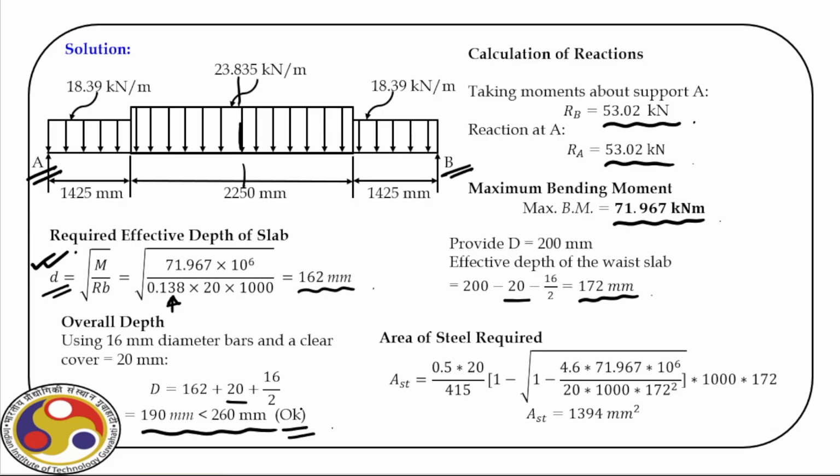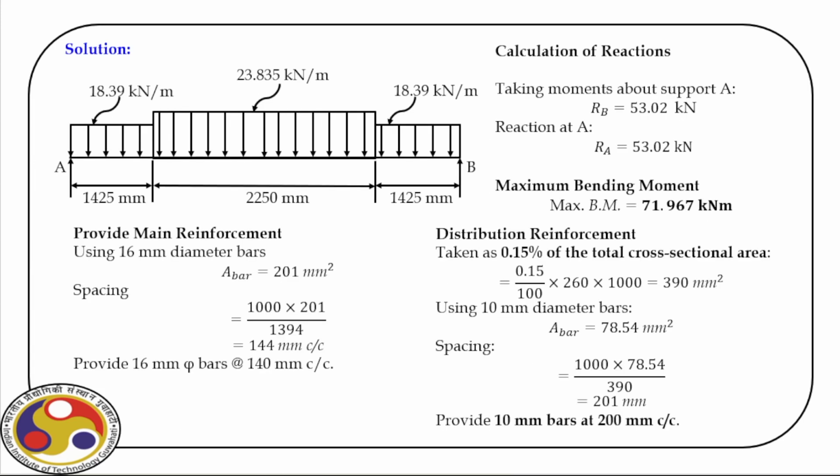Next we have to find out the Ast. Again, this expression is common to us. We have already used this for beam design and slab design. So Ast, from the type of concrete and steel we use, is 1394 millimeter square. So we have to provide this much steel for the safe design.